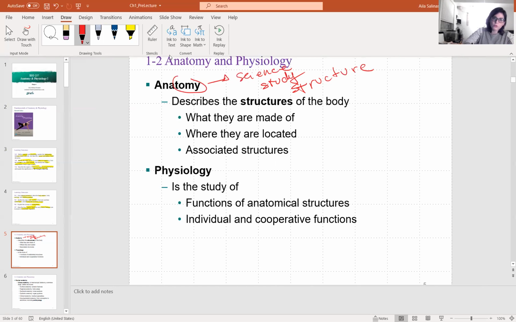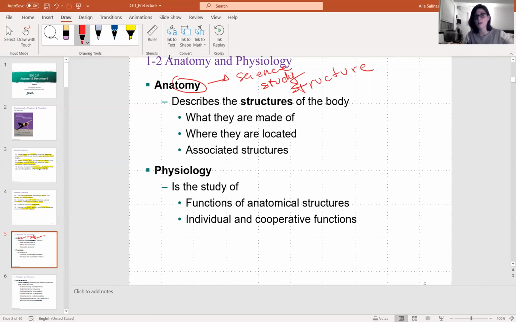So, tomus means parts or structures. So, in anatomy, the biggest interest of anatomists, people that study anatomy, is to describe the structures of the body, what they are made of, where they are located, and what are the associated structures.